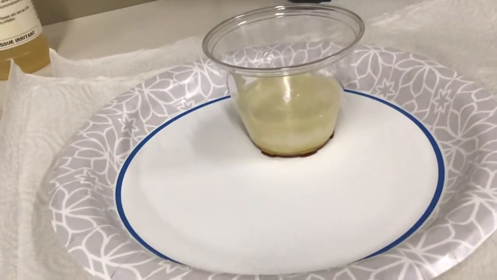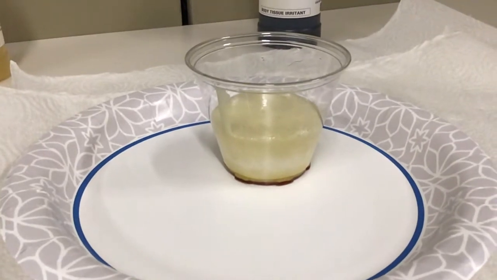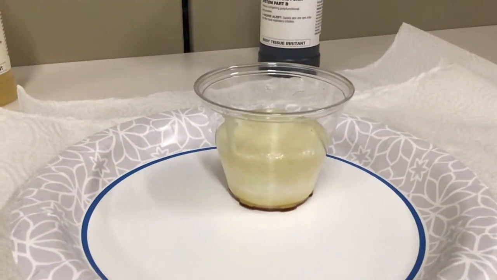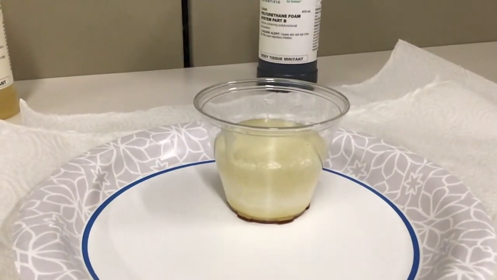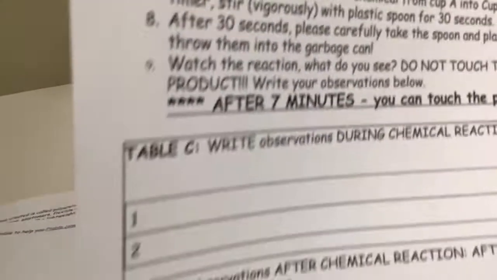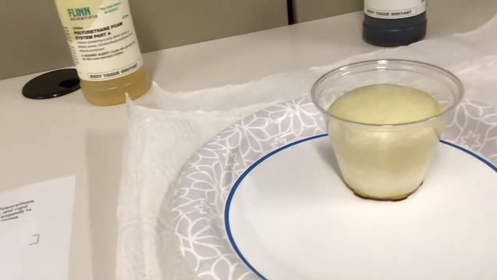And we'll get to step 3 and step 4 momentarily, but I do want to go ahead and start showing you just after 30 seconds what is happening. So table C, you can go ahead and start recording some observations, table C, during the chemical reaction.